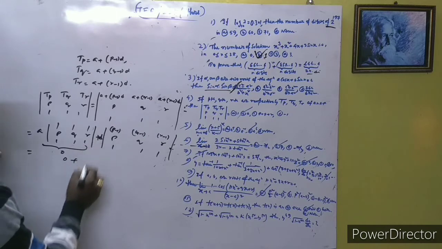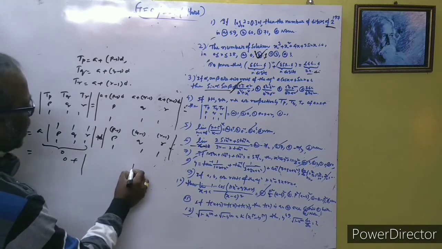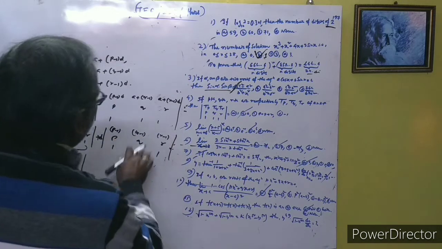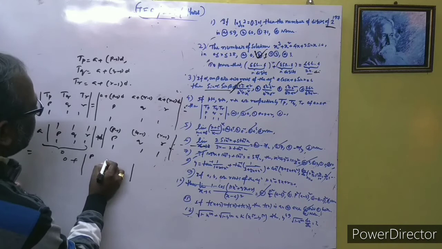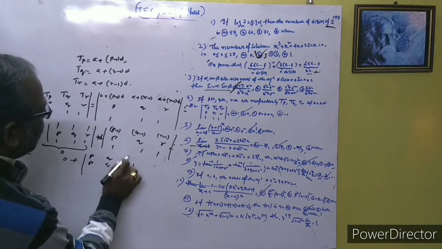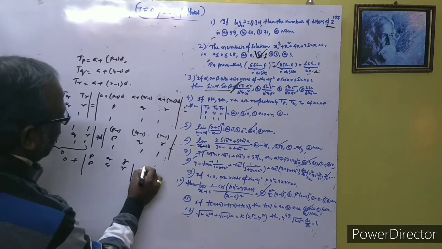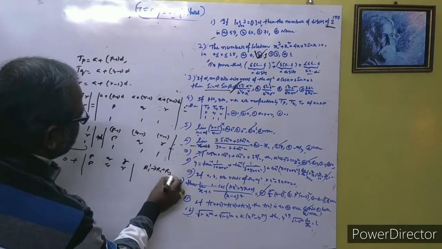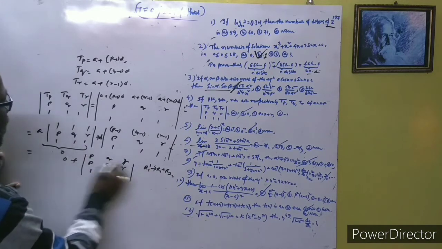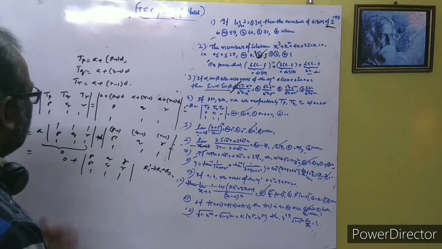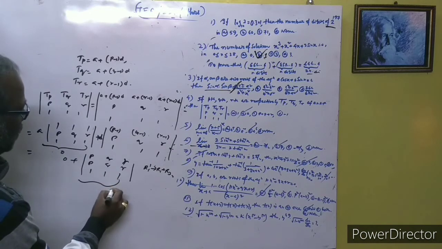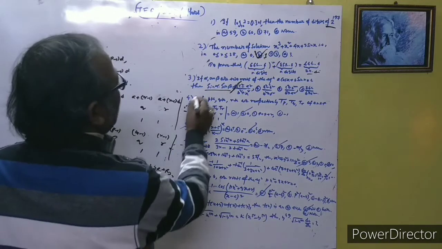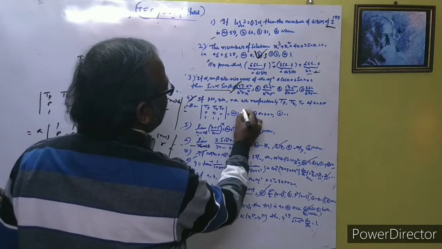So 0 plus, we use the property to form a new row: if we add R1 and R3, we get the new row p q r plus 1. So R1 dash formed by the addition of R1 plus R3, and the first and second rows are the same, so the value of this determinant is also 0. So 0 plus 0 equals 0. Therefore the answer for 4 is option B.